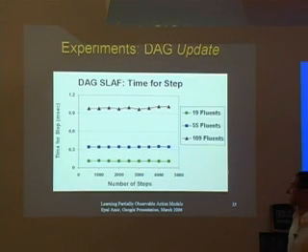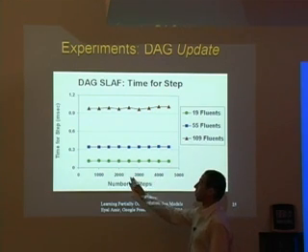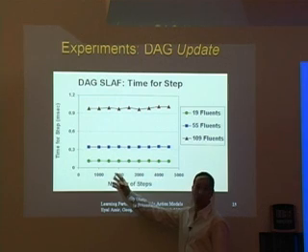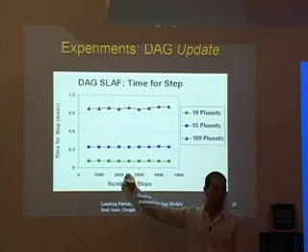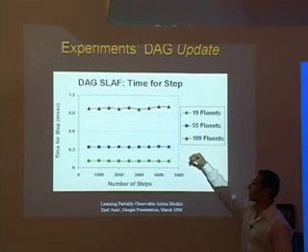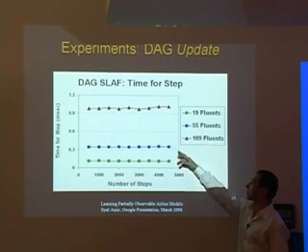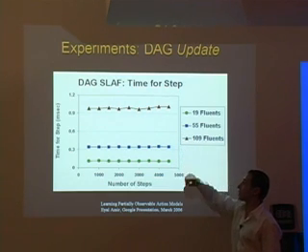Okay, here are some example experiments that we did. This is a graph that shows you how the algorithm updates the representation. There are 3 different lines for 3 different domain sizes: 19 features, 55 features, and 109 features.